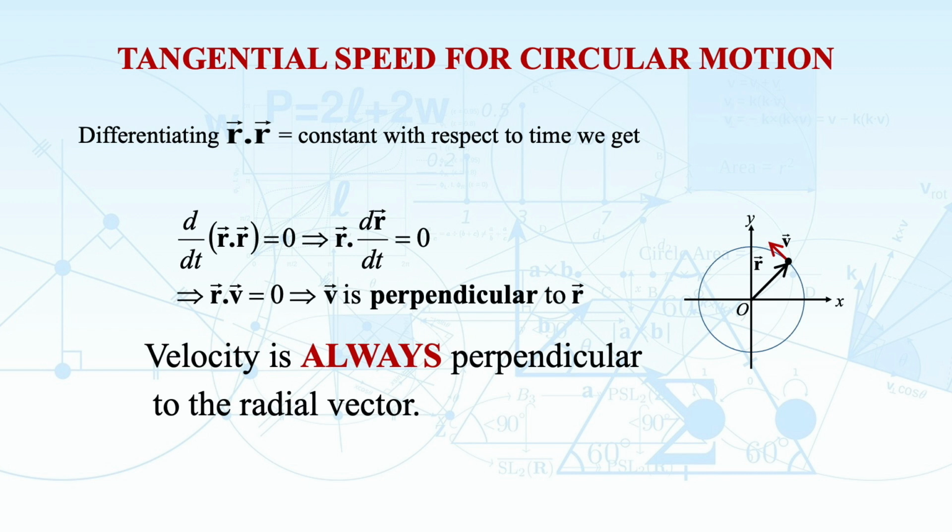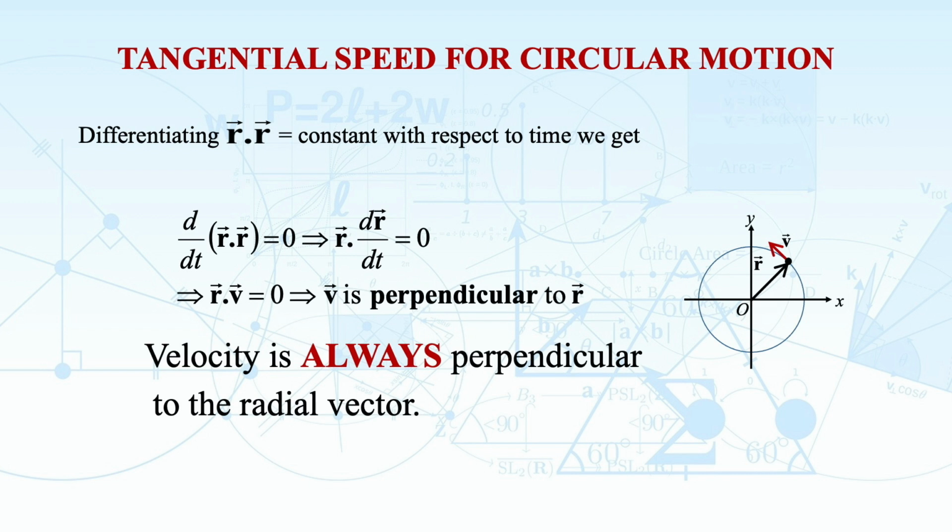This helps us understand why the linear speed is always along the tangent to the circle. If your particle is moving in a circular path, the angular velocity is directed along the axis of rotation, but your linear velocity is always tangential, perpendicular to the radial vector or the position vector.